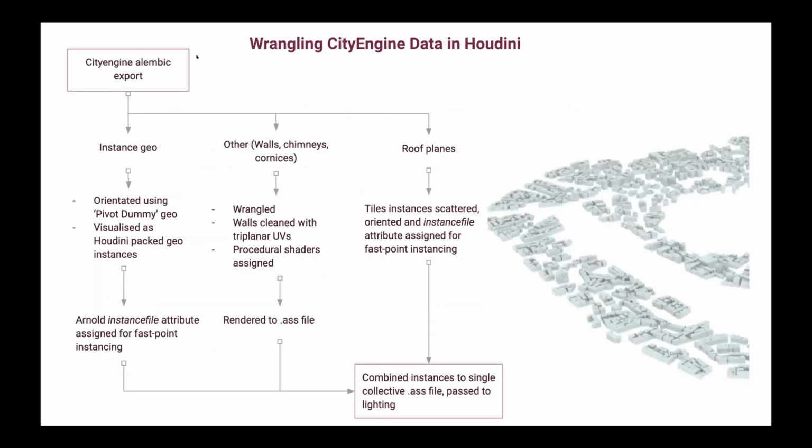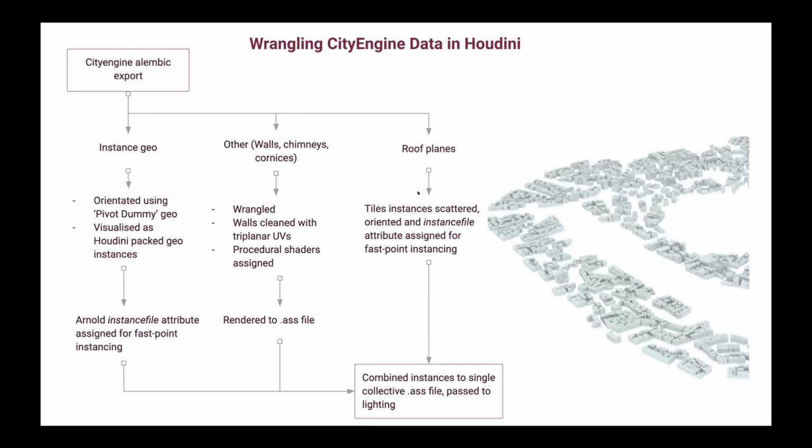Once the geometry was exported out of CityEngine as an Alembic, in Houdini it was wrangled and separated into instance geometry, such as the doors, windows, other geometry, which was like windows, cornices, chimneys, drain pipes, and the roof planes.